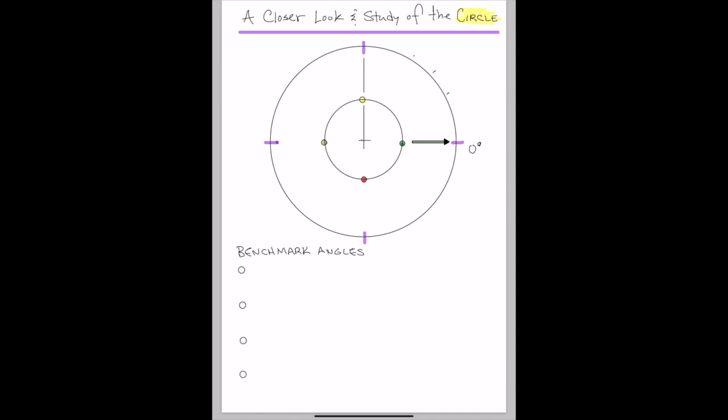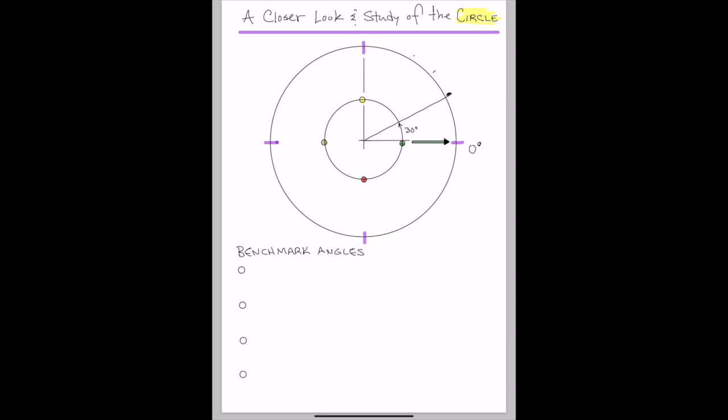So I'm going to put my protractor down, and as you see, I've placed a mark here. That would be the first benchmark angle I want you to be aware of. As we make that connection from 0 to 30 degrees, this one right here is 30 degrees. Okay, so that's the first one.